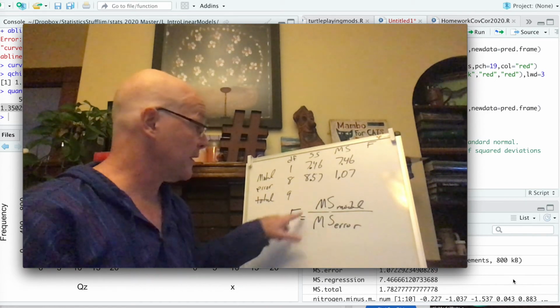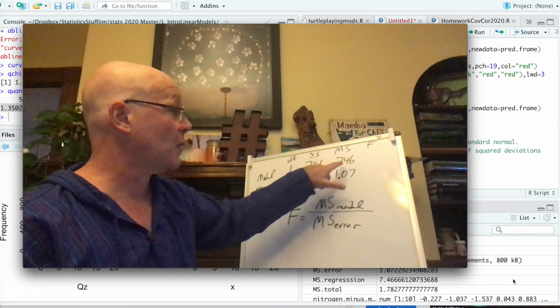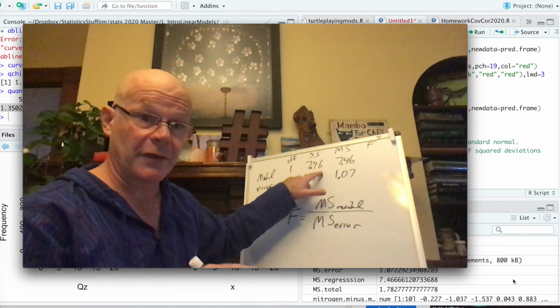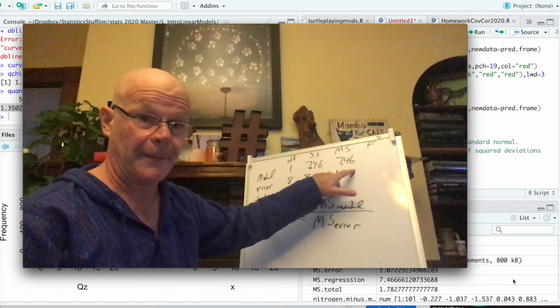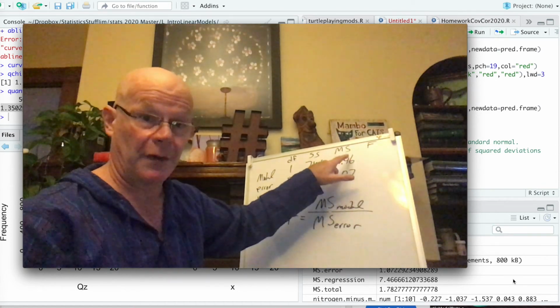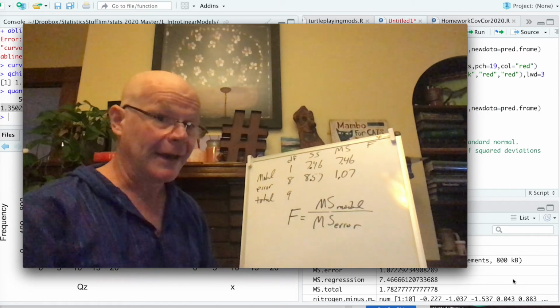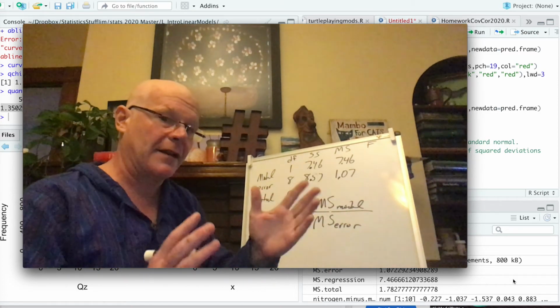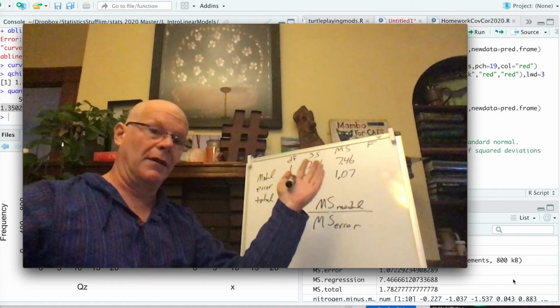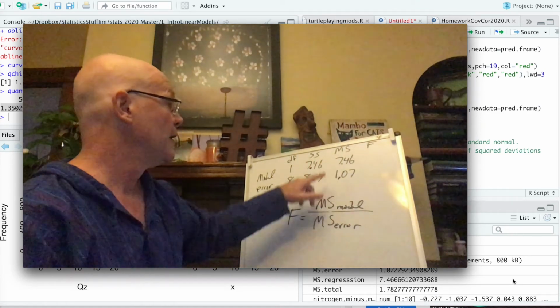Think about what the mean square of the model is. The mean square of the model is just the sums of squares divided by the degrees of freedom, right? That is essentially the variance component. Remember that the total mean squared is the variance, but we don't use that here because we're only interested in what we know and what we don't know, not the total of what kind of variation there is.